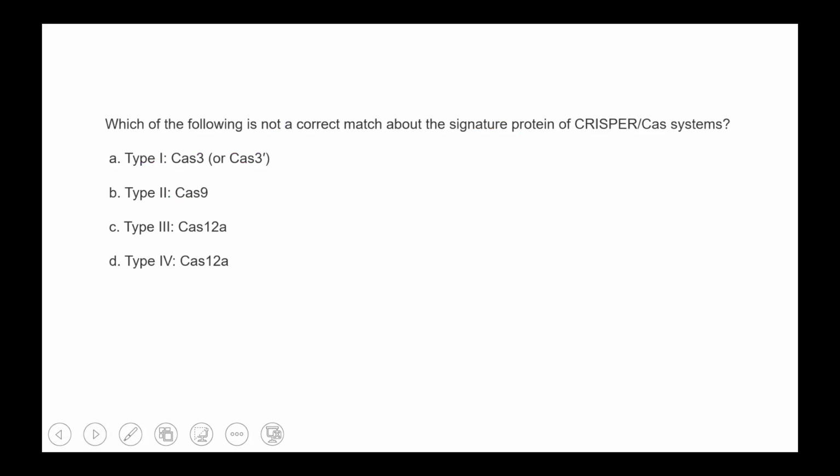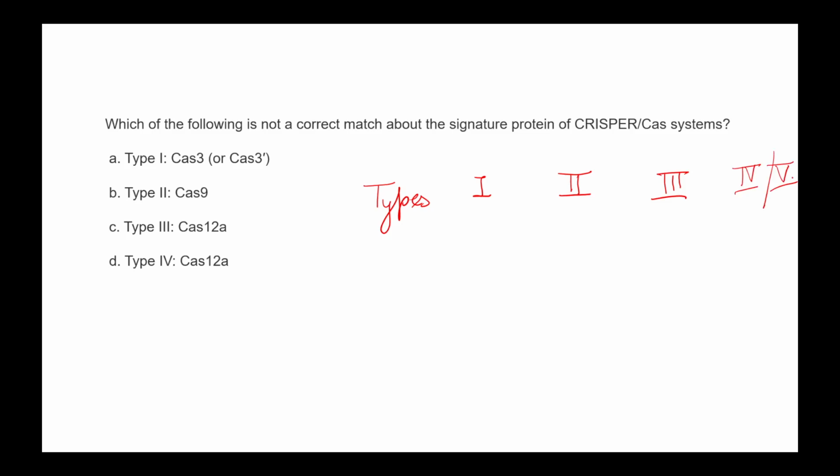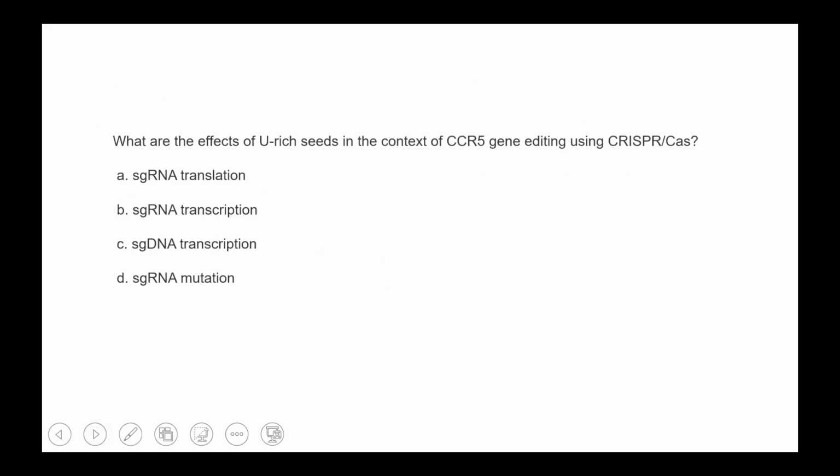Okay, question C. I have shown you that table. Which of the following is not a correct match about the signature protein of the CRISPR-Cas system? We have types 1, 2, 3, 5, and 4.